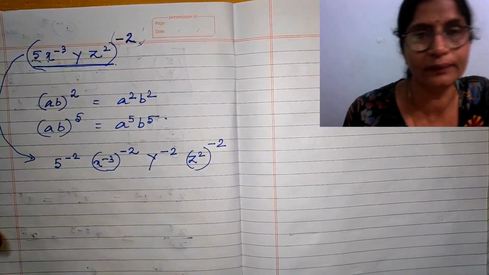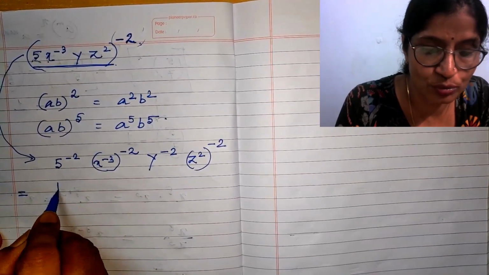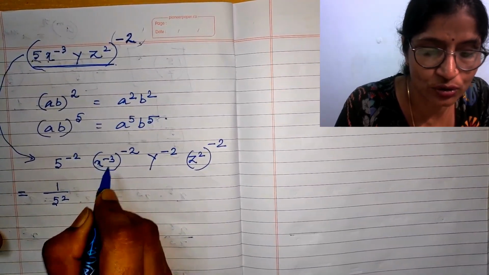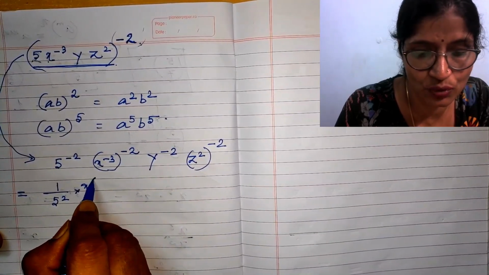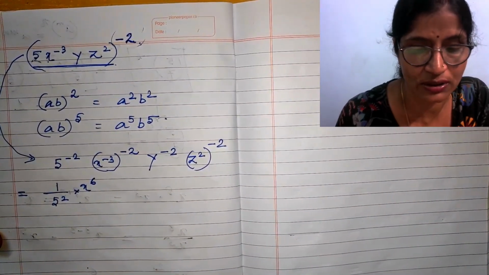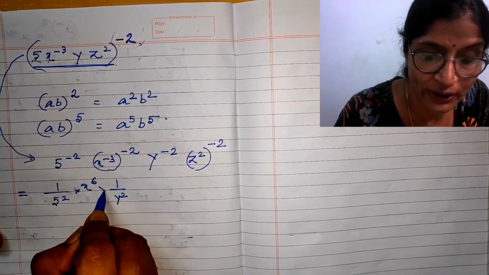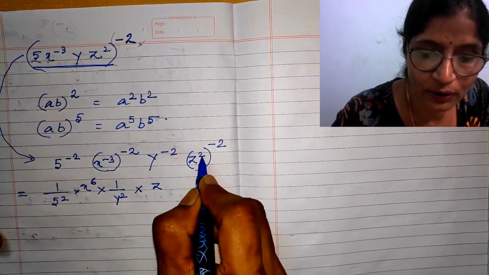So this is here. So that is equal to what? 5 to the power minus 2, make it positive. So it will be 5 square. Okay. X to the power minus 3 to the power minus 2, that is 6. 3 2s are 6. To make it again positive, y to the power minus 2, y square, sorry, into z to the power 2 2s are 4.